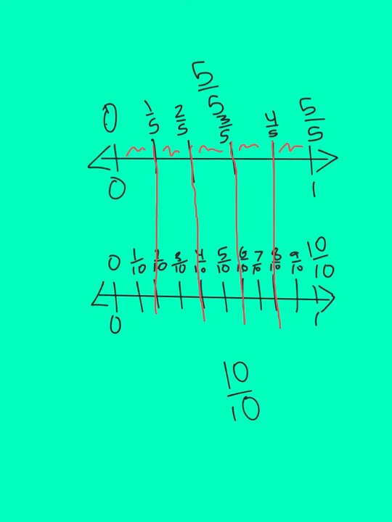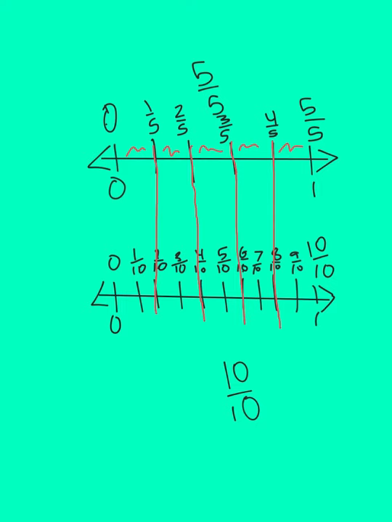The reason is that it's really no different. We're just splitting the number line into more pieces, but some of those marks are still the same as we had on the top.